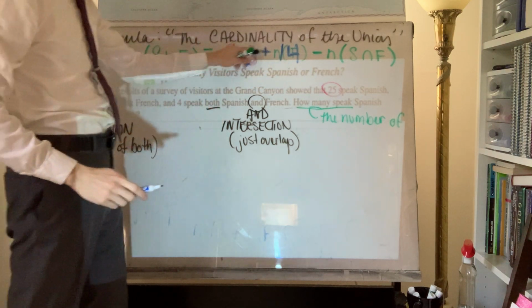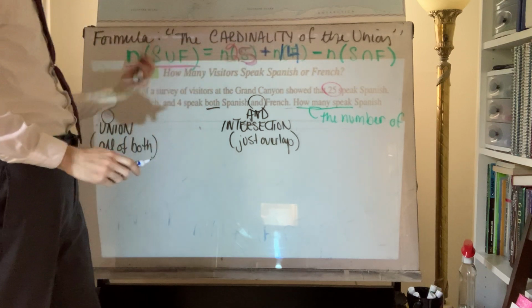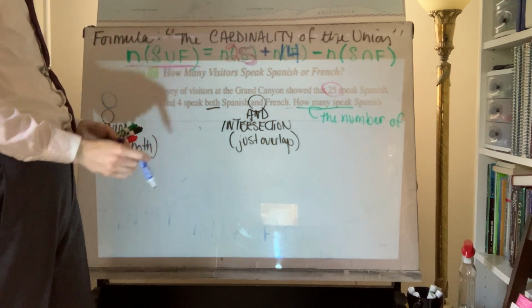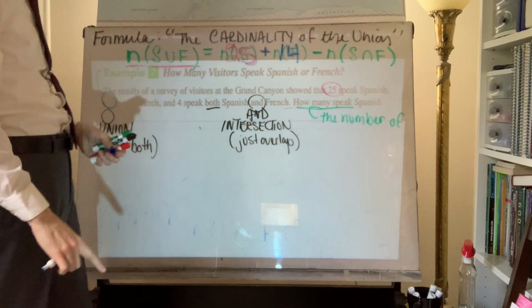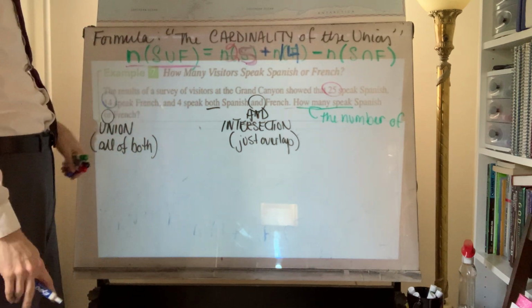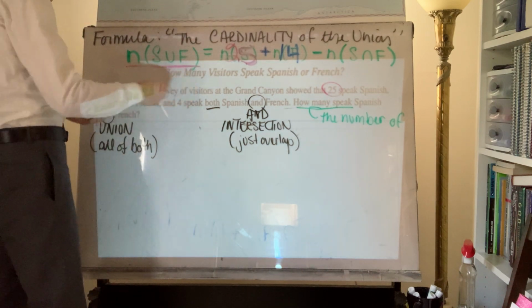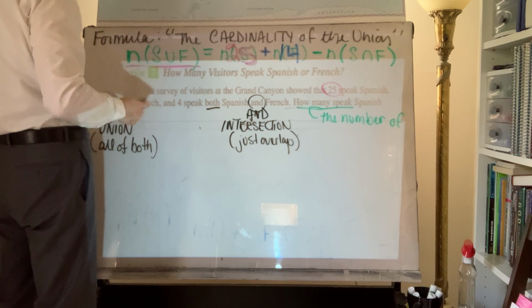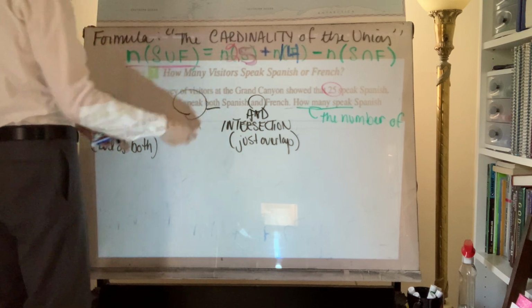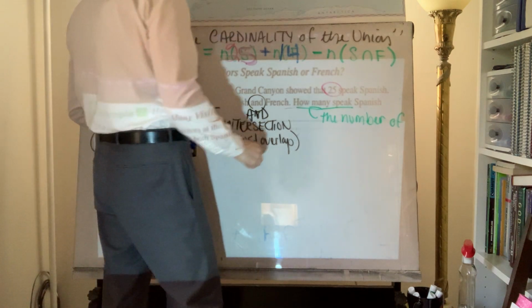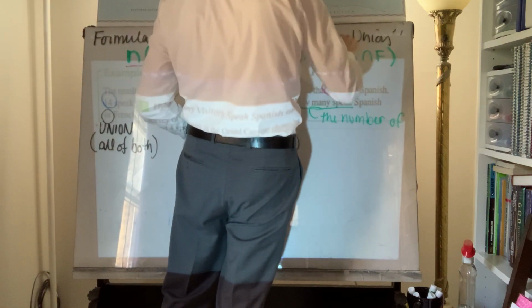Alright. So 25 plus 14. And then again, because we don't want to count something more than once, what we must do is take advantage of the information that was volunteered to us, which is that there are 4 that do both. That is the intersection. So, minus 4.